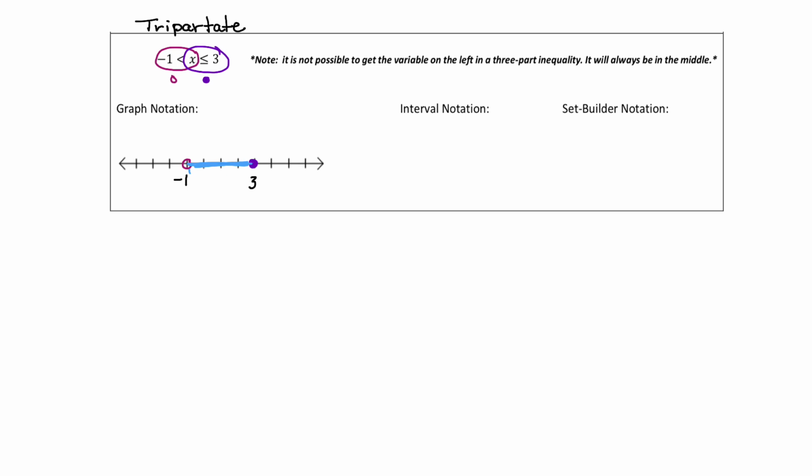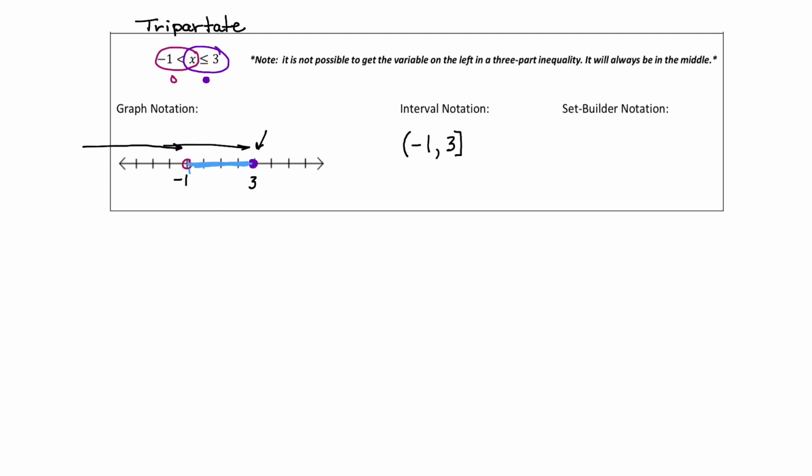Interval notation. We're going to read it from left to right, and the first thing we get to is -1 with an open circle. So it's going to be parentheses, -1. The other endpoint, the one we get to second, is a 3, but it's a closed circle.